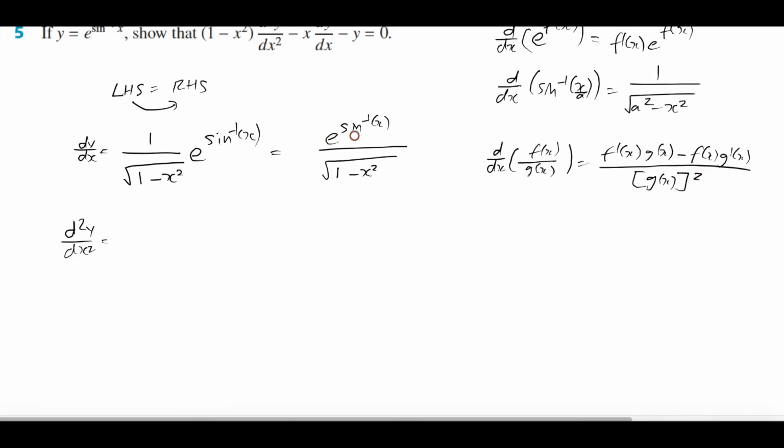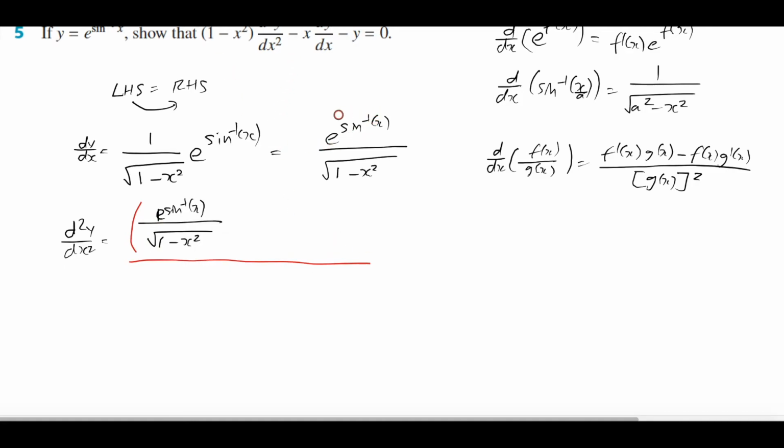f(x) is the one on top, g(x) is the one at the bottom. So we have to derive e to the sine inverse of x again. We already know what that is: e to the sine inverse of x over the square root of 1 minus x squared. I'll put a bracket so you can see it, and then everything's going to be divided by something.